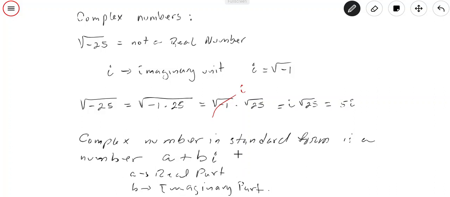So this is the standard form of a complex number. A plus bi is a number that contains a real part and also contains an imaginary part.